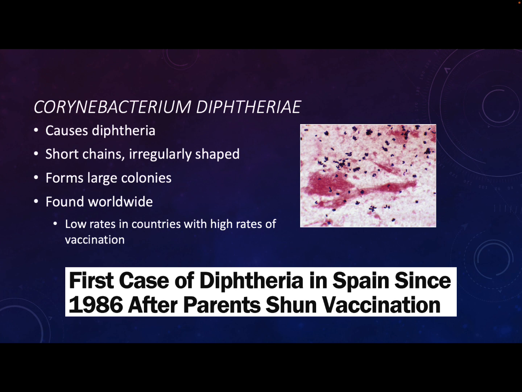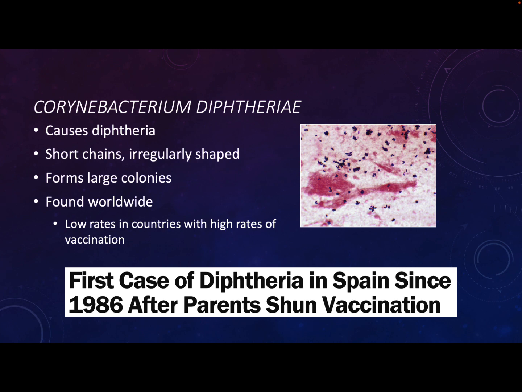Just like listeria, they are kind of these short gram-positive rods. But remember I told you one way you could distinguish under the microscope between listeria and diphtheria is that the diphtheria bacterium is a little bit more irregularly shaped. So some of the rods could be smaller, some of them could be a little bit longer, maybe a little bit fatter, a little bit skinnier.